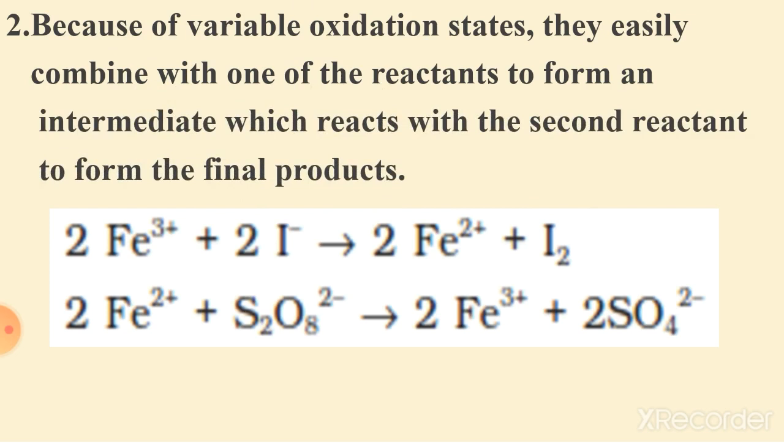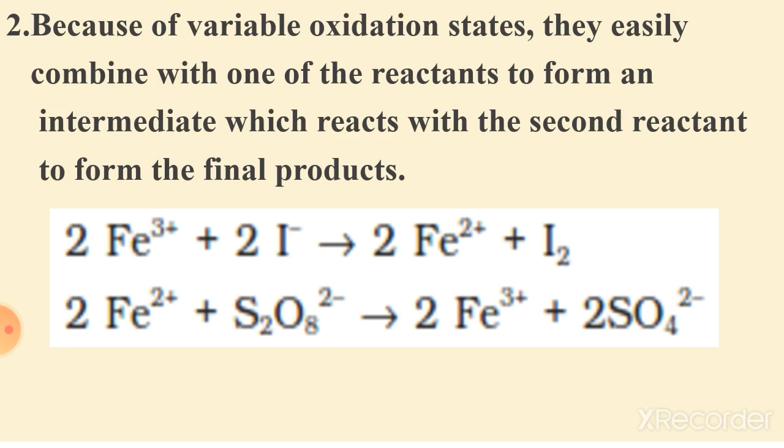So look at the reaction. Here Fe³⁺ when reacting with I⁻ will form Fe²⁺ plus I₂. Now the Fe²⁺ again reacts with S₂O₈²⁻, and they will again change into Fe³⁺ plus 2SO₄²⁻.